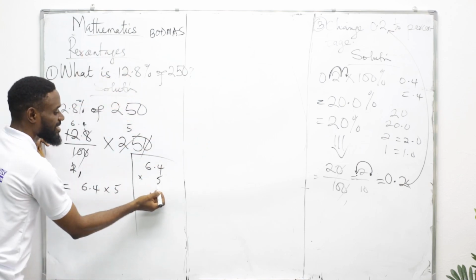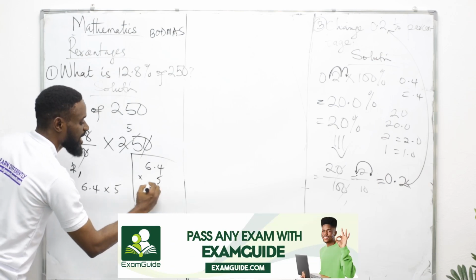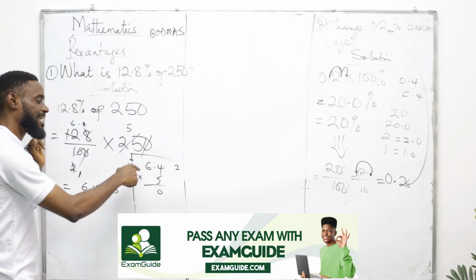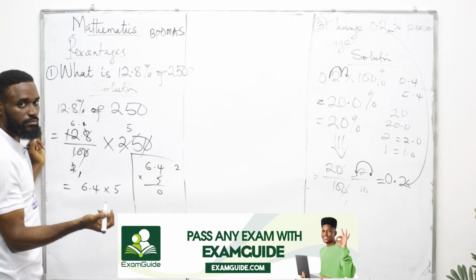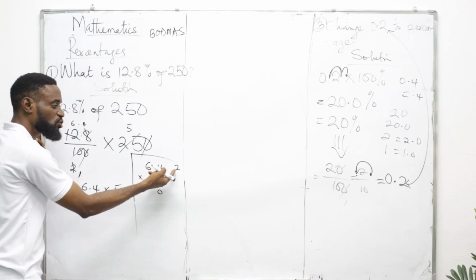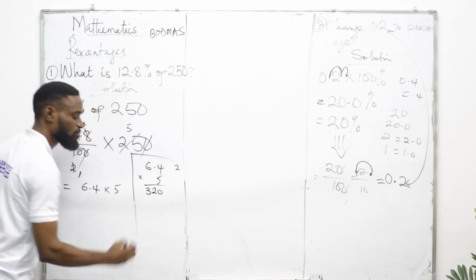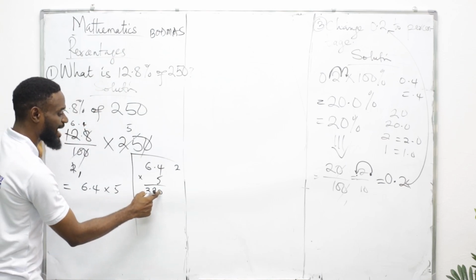So 5 times 4 is 20. So this is 0, carry 2. 5 times 6 is 30, plus this 2 is 32. So this is 3, 2, and 0.